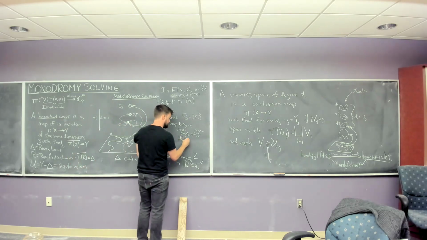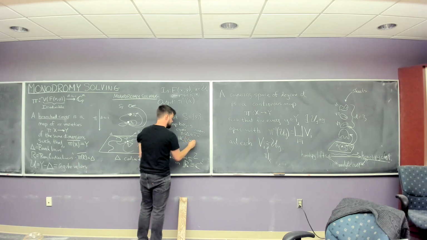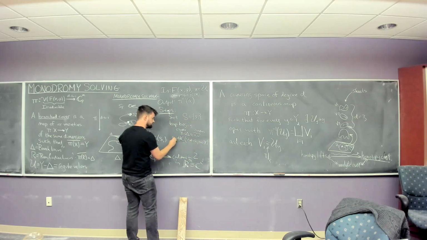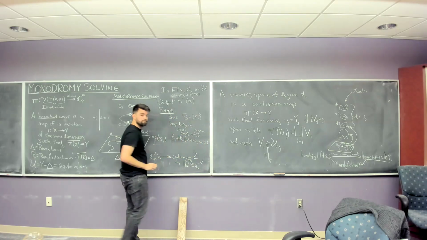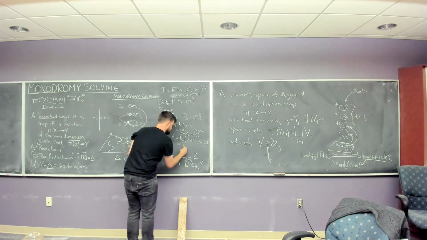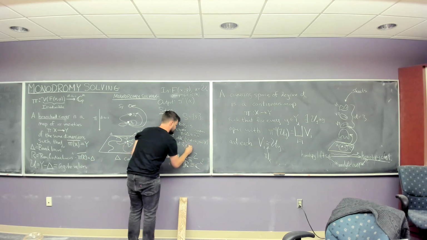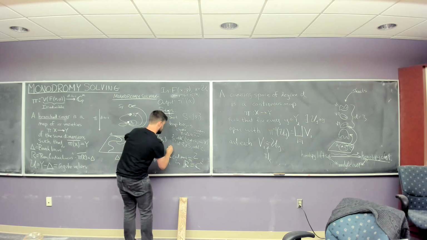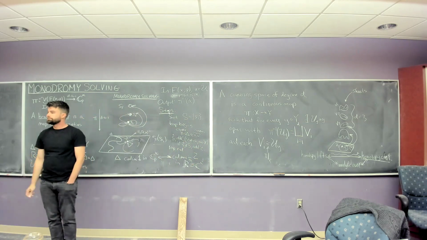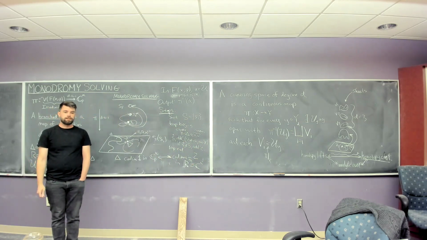Do a homotopy continuation with the starting solution S1 over gamma. Call that S1 hat. If S1 hat is not in our solution bucket, add it. Do it over and over again. Ta-da.